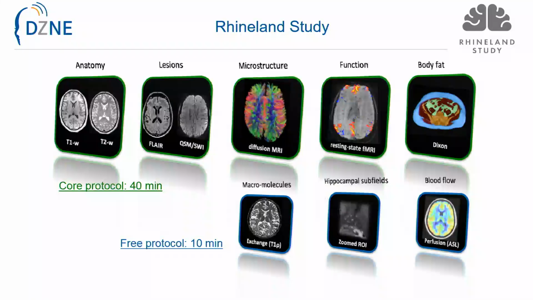This slide shows our imaging protocol. We have a 14-minute core protocol, including structural, diffusion, resting state functional MRI, and also a body fat image. We also have a 10-minute free protocol, which includes novel sequences that can differ across subsets.